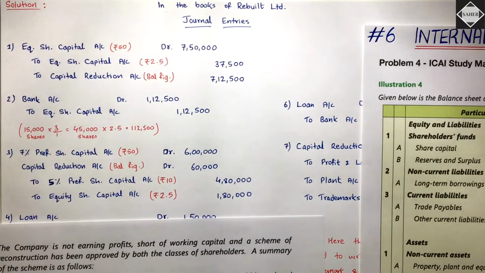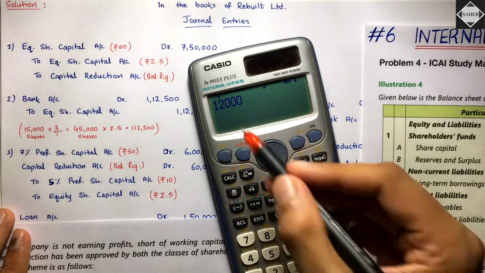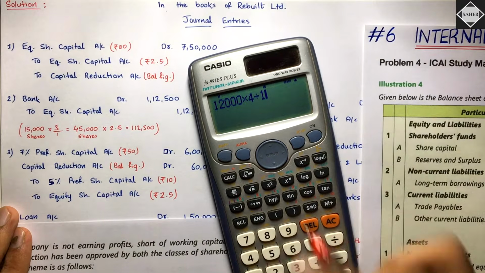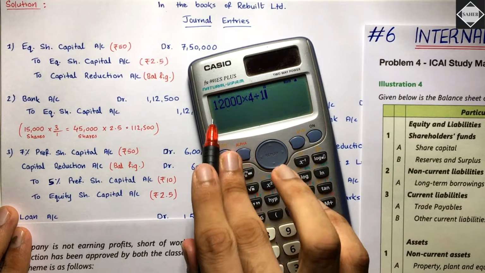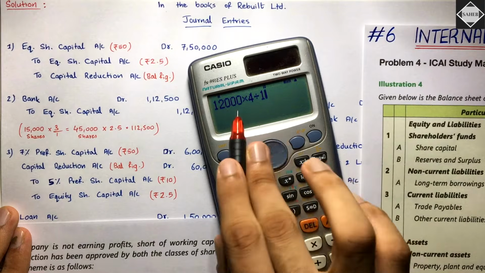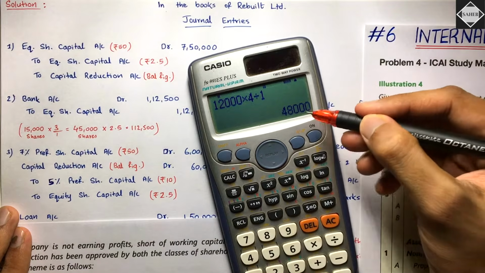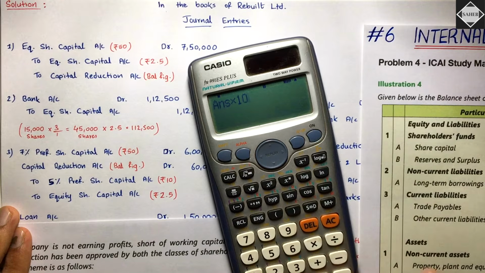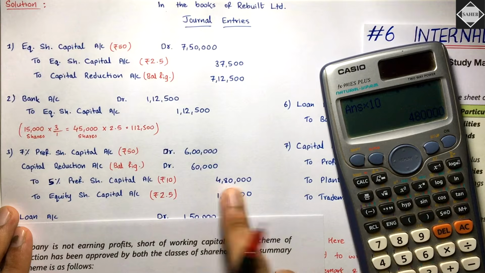Preference share has face value rupees 10 and equity share rupees 2.5. And how will you get the amount? 12,000 old preference shares into 4 divided by 1, 4 for every one, is equal to 48,000 new 5% preference shares into face value rupees 10, which is 4,80,000.